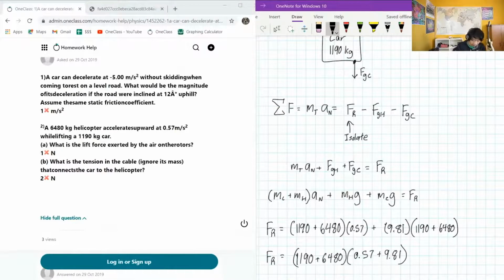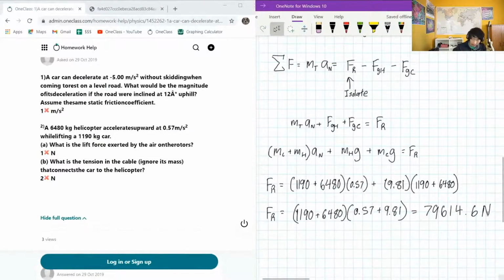So let's put this in our calculator and figure out what that is. 1190 plus 6480, multiplied by 0.57 plus 9.81, and this force is going to be 79614.6 newtons. And to get this into significant figures, we were given two significant figures based on this.